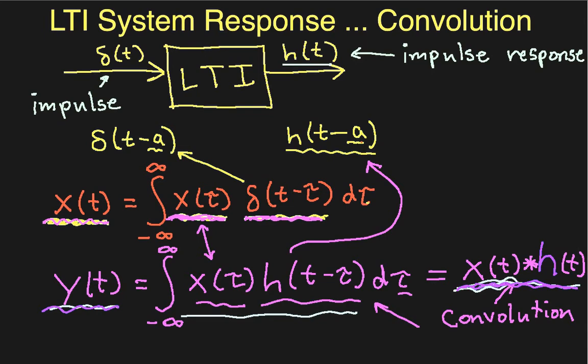So why do we care? Well, the primary reason this is a very useful result is that this convolution integral in the time domain, with x of t and h of t, turns into a multiplication in a Laplace transform domain or a frequency domain. And that's extremely useful, and we use that all the time.